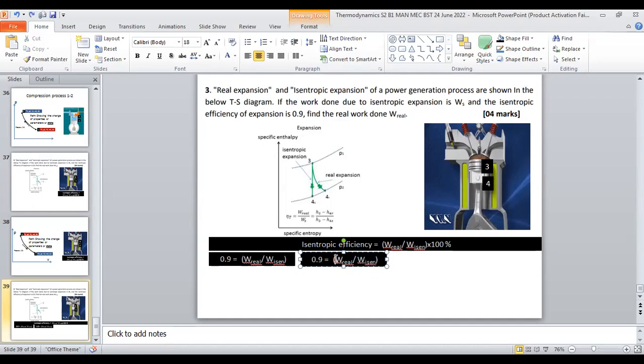W real is 0.9 times W isentropic. W isen is given as WS. Okay, WS.